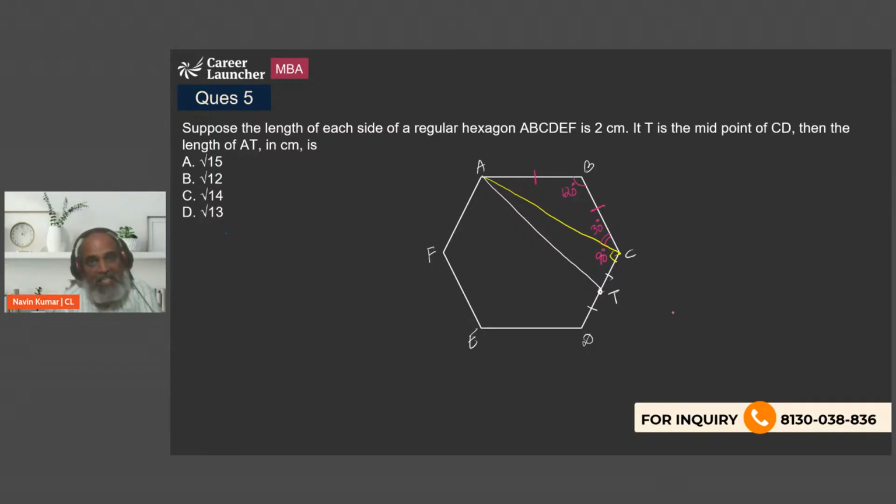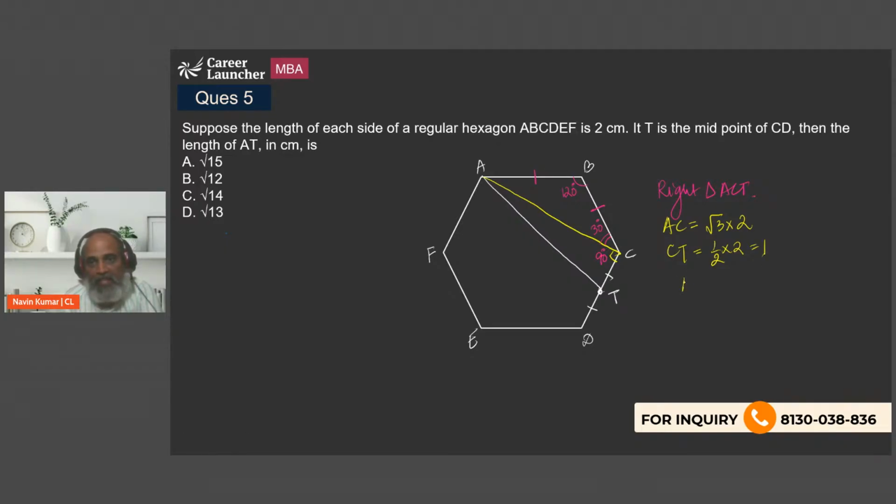So what we see here is a right triangle, which is ACT. We can use Pythagoras theorem here to solve this. So AC is going to be nothing but the shorter diagonal, which we have seen as root 3 times the side. CT is going to be half of the side.